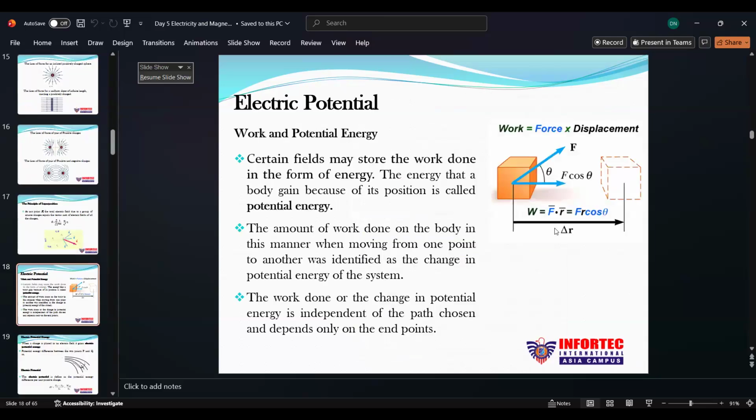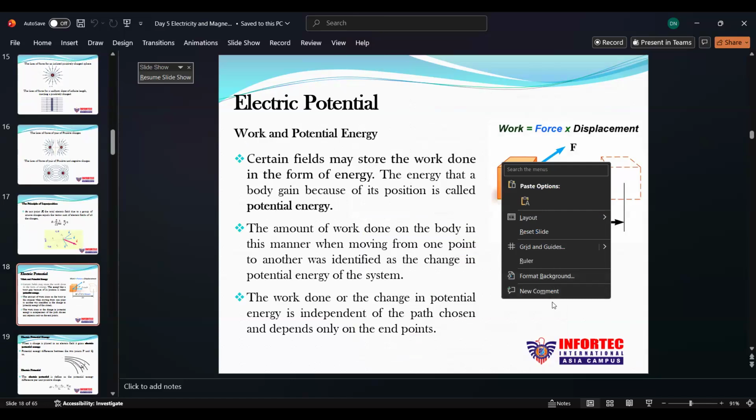Before moving to electric potential, I have two questions related to electric field intensity. Wait, I will share two questions. Still not sharing, right? Please wait.